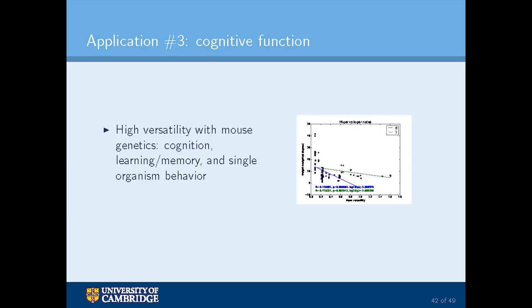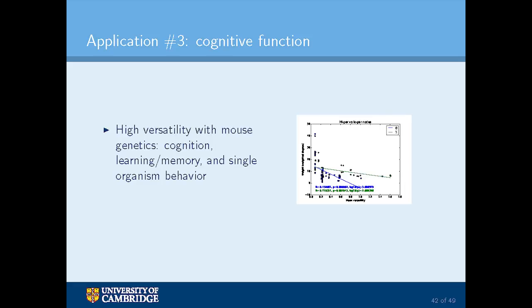So in mice you can do genetics, which makes it easier. You can't do that very well in humans. And so in mice, you can look at a mouse brain and say, what has the highest versatility of all these regions? And then you can look for gene enrichment, which is where you look at, of the regions that have high versatility, which genes are most commonly expressed in those regions.